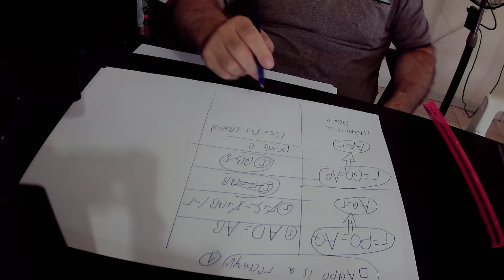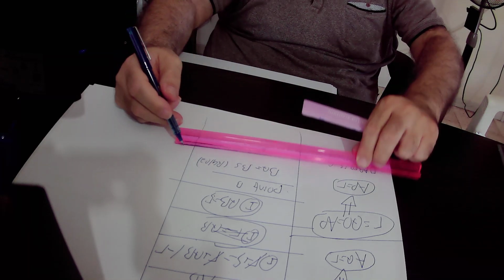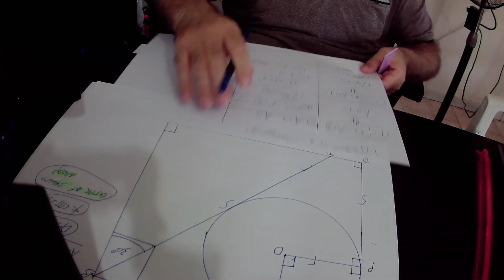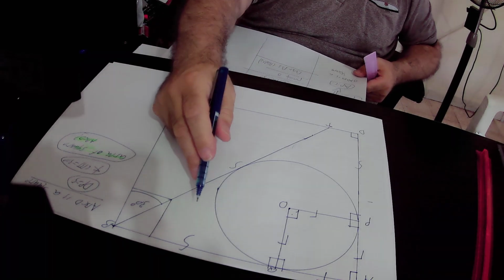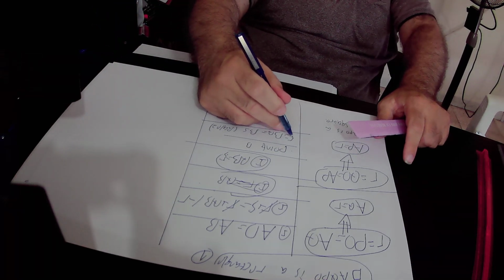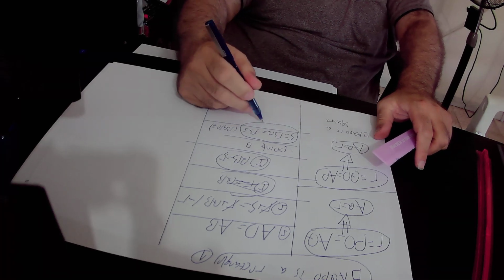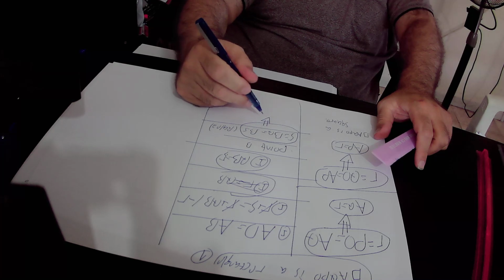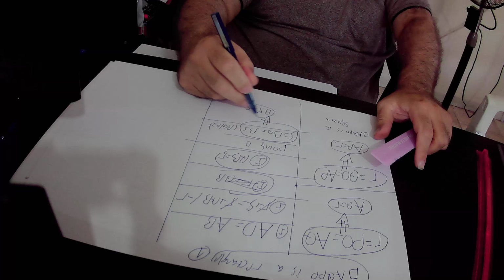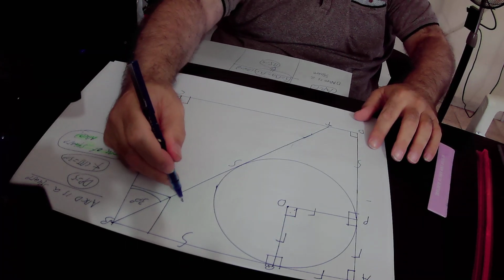That is to say, BQ equals BS. But we have already found out that BQ equals 5 units. So from this equation, 5 equals BQ equals BS, we derive that BS is also equal to 5 units.